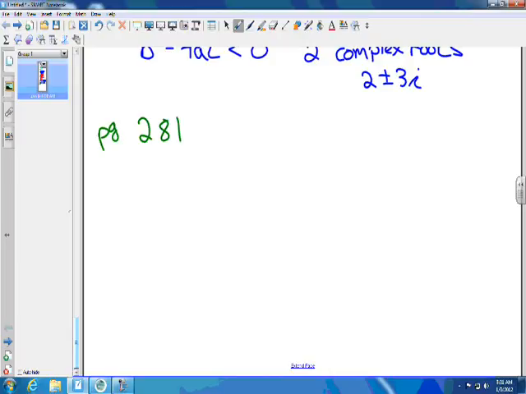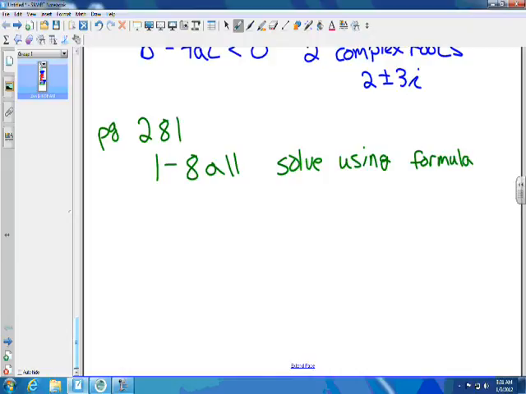On page 281, we are going to do 1 through 8 all. All you have to do on those 8 problems is solve using the formula, just like in all of our examples. 1 through 8, we'll do the same thing 8 times. Put it in the quadratic formula and simplify. That's it.